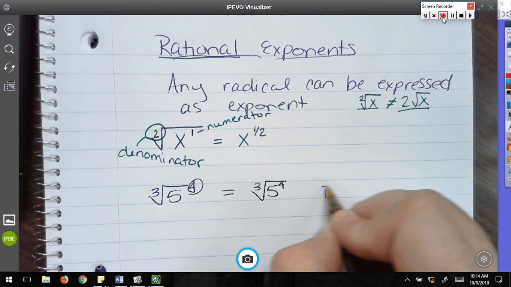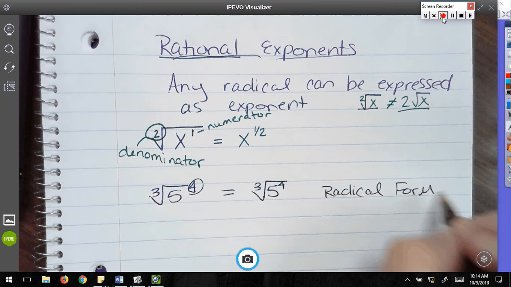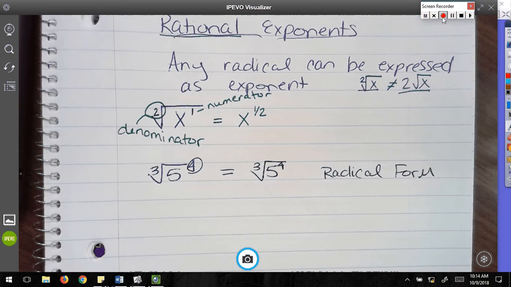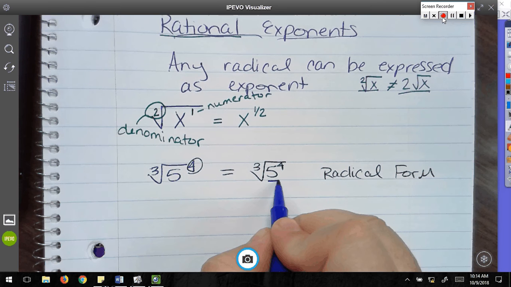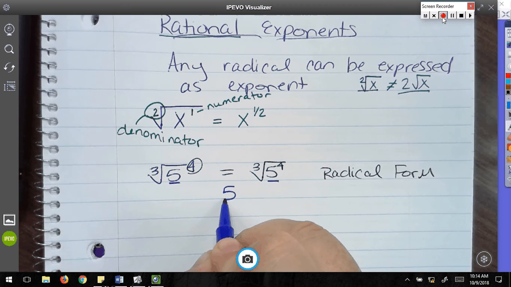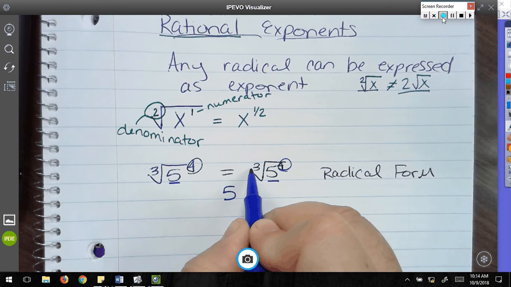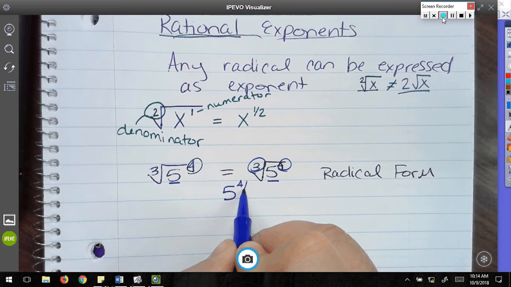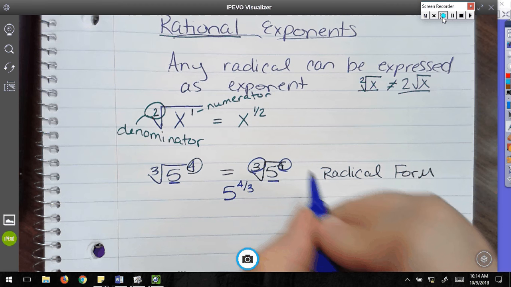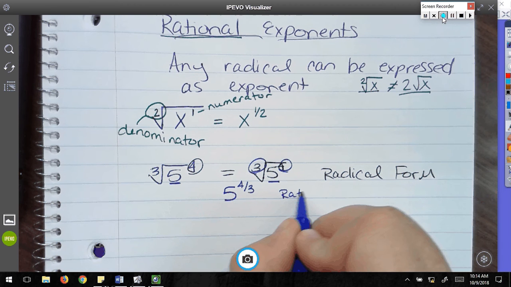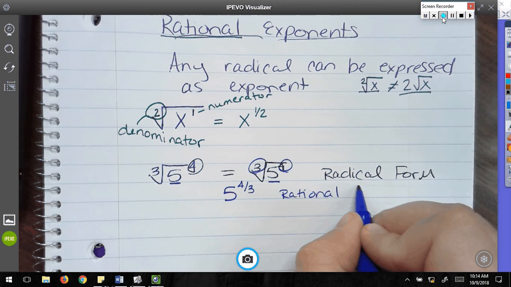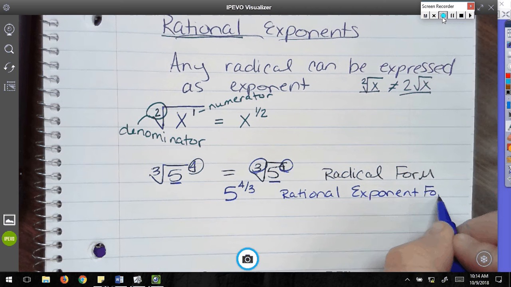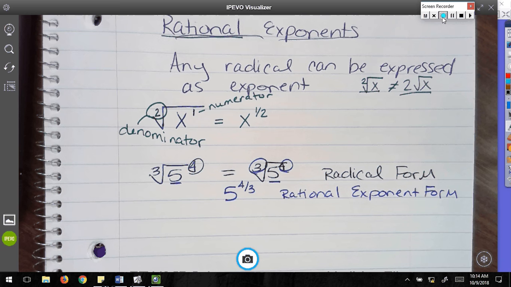But I can change it to rational exponent form by taking the base, 5, and changing these numbers to an exponent. So it will be 5 to the 4 over 3. This is called rational exponent form. To be successful here, we have to be able to smoothly transition from one form to the other.